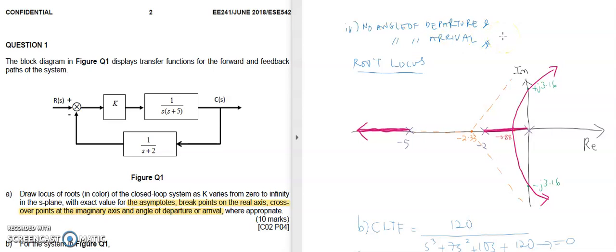If we have complex conjugate zeros, then we'll have an angle of arrival. Since we do not have zeros, we do not have an angle of arrival. Since we have real poles, we do not have an angle of departure. Only complex conjugate poles will have an angle of departure, and only complex conjugate zeros will produce an angle of arrival.